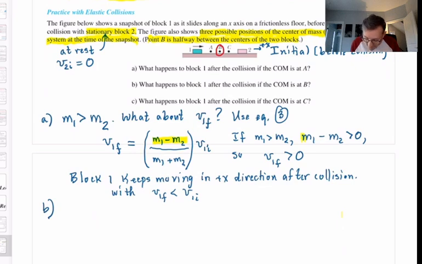Did you say that the masses must be equal? Yes? If the center of mass is exactly midway between them, they must have equal mass. All right, let's figure out what block 1 does after the collision in that case.